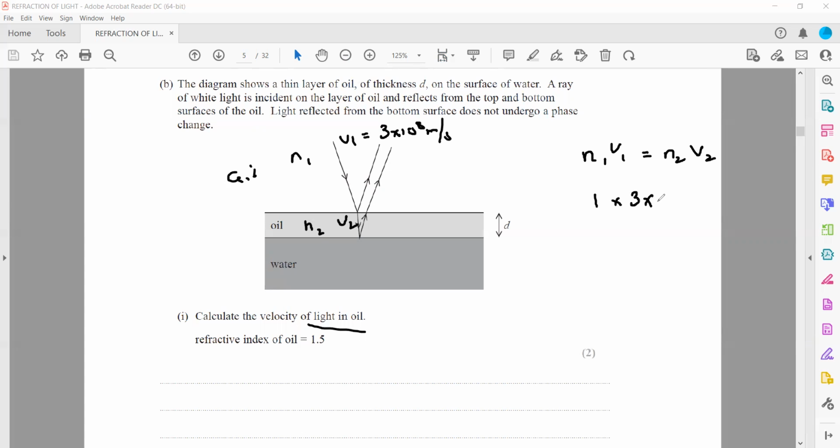The refractive index of the oil is 1.5, and the speed in oil we don't know, so we say V2. 1.5 is multiplied on one side, so on the other side it will be divided. So it will be 3 times 10 to the power 8 divided by 1.5. When we simplify, it comes out as 2 times 10 to the power 8 meters per second. That's the speed of light in oil.